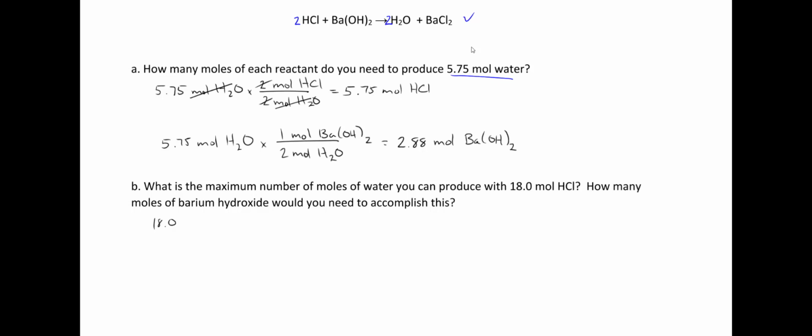So if I have 18 moles of hydrochloric acid, let me be clear, when I say the same answer, I mean the same number of moles. So 18 moles of hydrochloric acid, according to the equation, for every 2 moles of hydrochloric acid, I will make 2 moles of water.